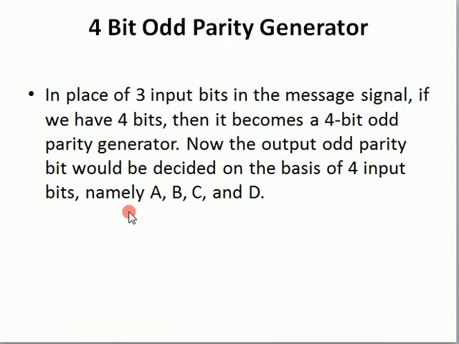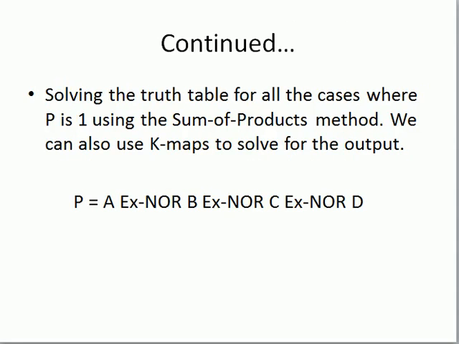Now if we have the 4-bit odd parity generator, then there are 4 inputs, A, B, C and D. When we solve for its truth table, it will be similar to that of the 3-bit odd parity generator.